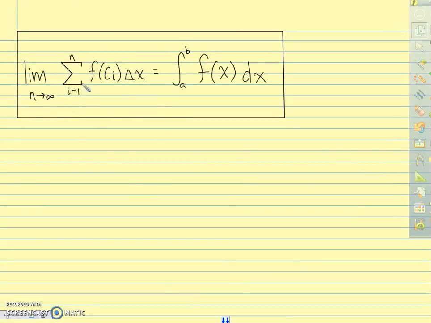And that sigma notation, the limit as n approaches infinity of the sigma from i equals 1 to n of f of c sub i times delta x, is pretty much the definite integral. This right here is the definite integral.